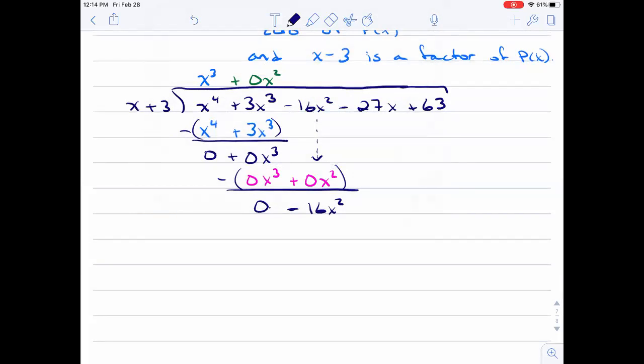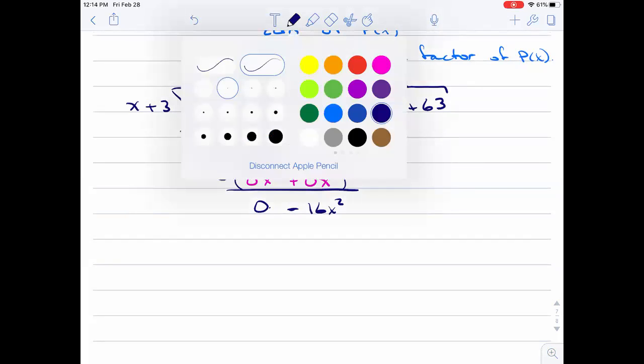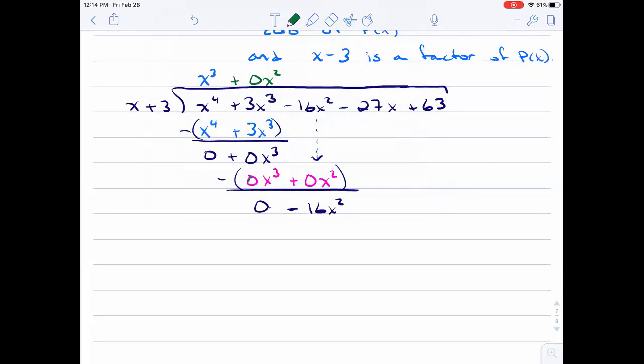Oh, I messed up my colors, didn't I? There. Negative 16x.